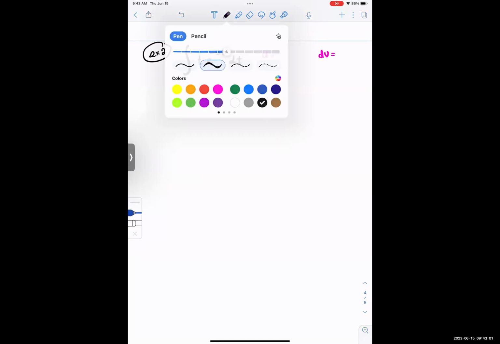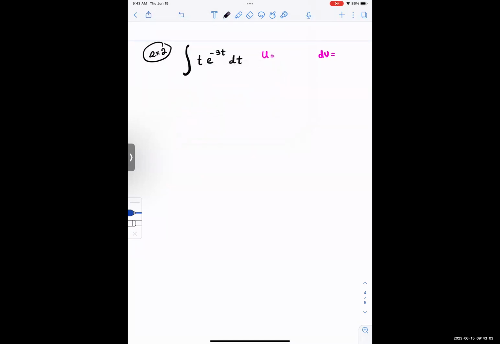And again, don't be afraid if you pick it wrong, like switching them, because it's not going to get you anywhere. Your new integral will be harder. So that would be an alert: oh, I need to go back and change it, if that makes sense.